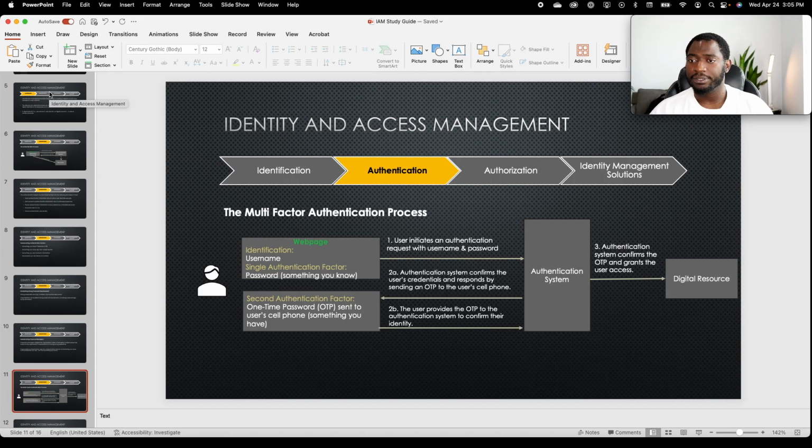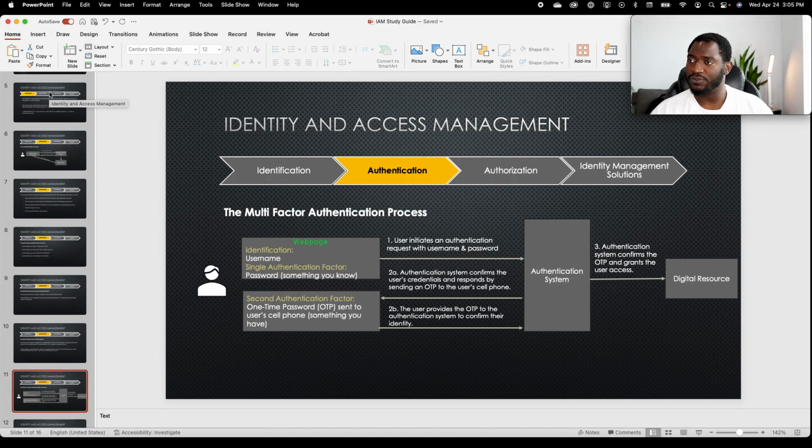Now, the first part of the process is the same, which is you have to tender your username and your password and initiate an authentication request. And this authentication request is going to be reviewed by an authentication system. This authentication system is going to either approve or reject your authentication request.